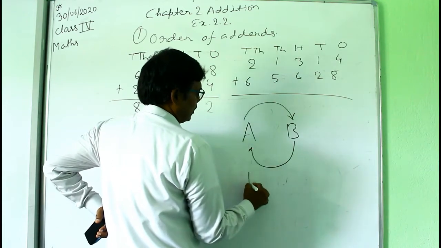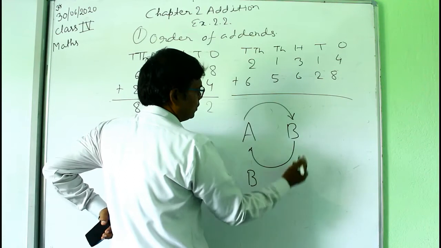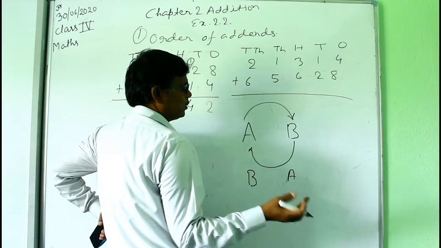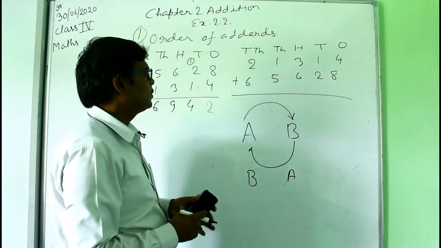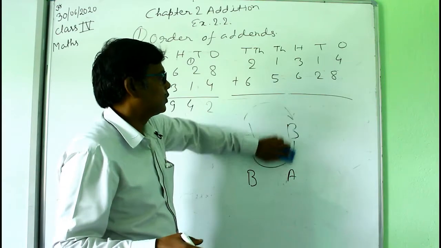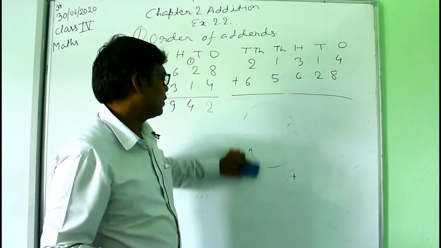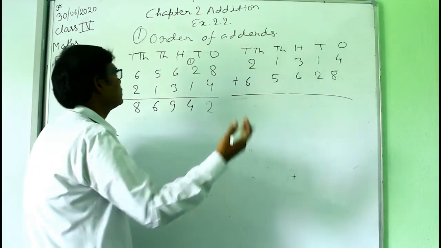That is, now B comes in the place of A and A comes in the place of B. So now we have changed the order. This is called the order. That is just interchanging the places of the objects. Interchanging the places of the objects is called the order, and in this case, the order of the addends.